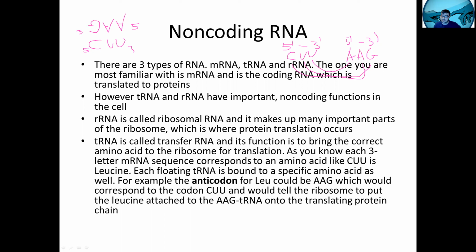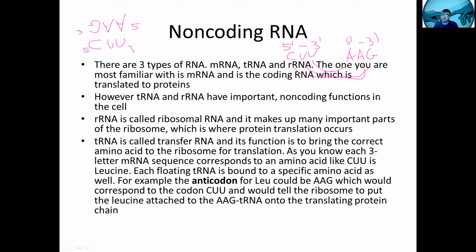The cell knows this, and it knows that if in the RNA it's written CUU, I need to put a leucine onto it. How do I know CUU is written there? Well, I'll try AAG.